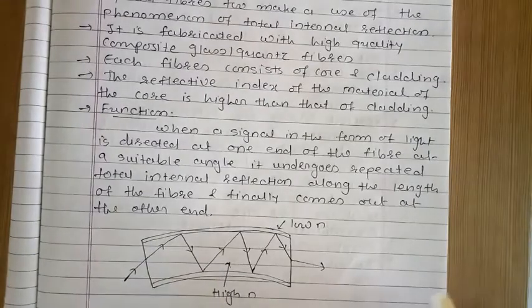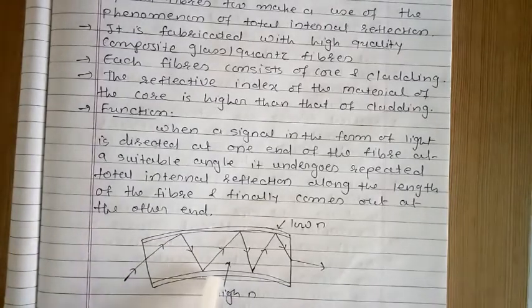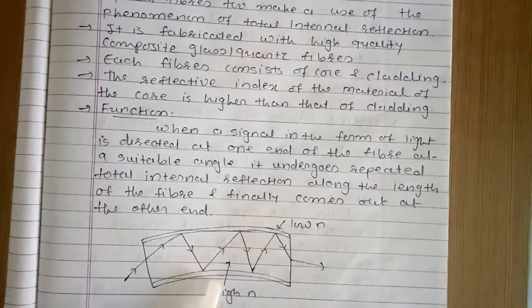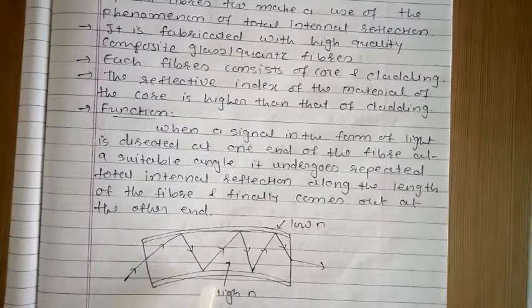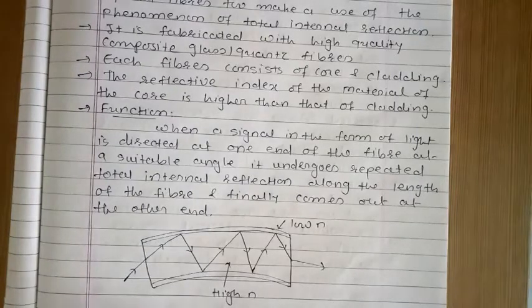And these optical fibers are fabricated such that light reflected at one side of the inner surface strikes the other surface at an angle larger than the critical angle. So again total internal reflection occurs. This process continues, and finally the light comes out at the other end.